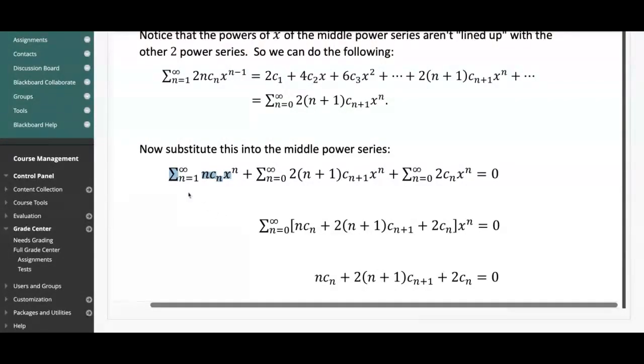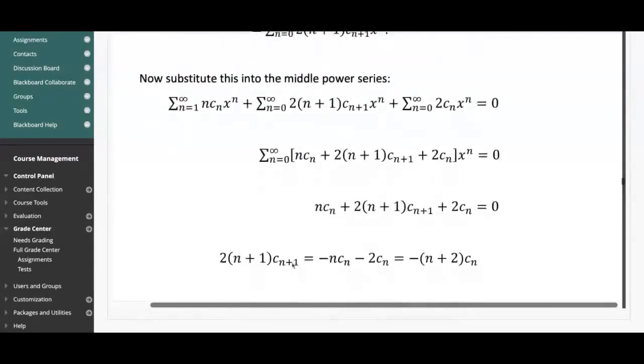If I reindex this, I let n be n minus 1, or think of k equals n minus 1. All right, then n would be k plus 1. Okay, so this would be n plus 1, c_(n+1). This would be n plus 1. So this one should have one x term.